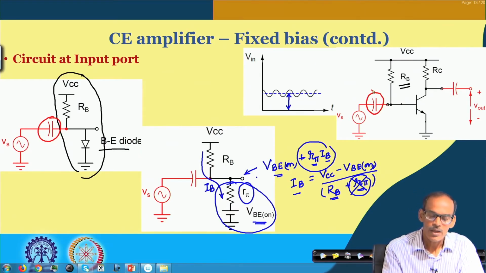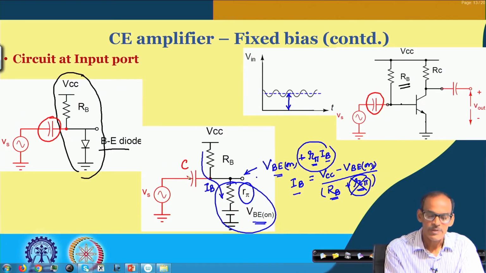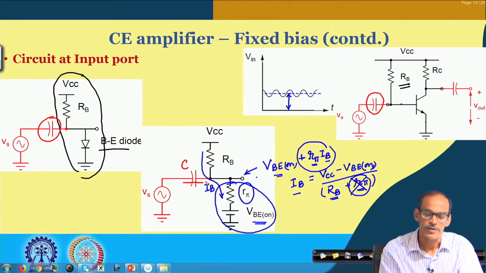We assume that the signal frequency is sufficiently high compared to the cutoff frequency defined by this C and the equivalent resistance there, or you may say that the value of this capacitor is sufficiently large, so that the signal is directly coming to this point.